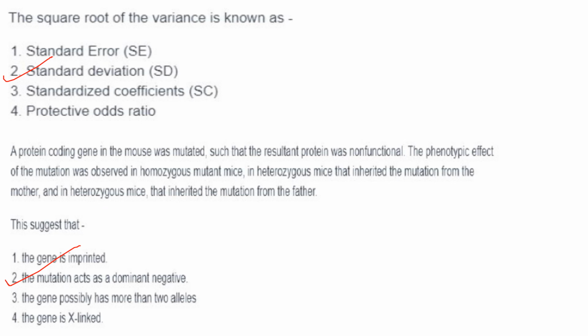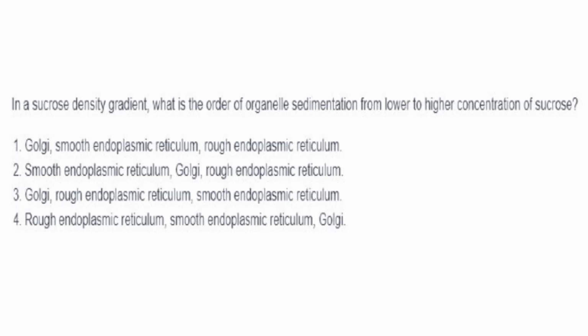But that is not the case here, so it is dominant negative. Then in a sucrose density gradient, what is the order of organelle sedimentation from lower to higher concentration of sucrose? So it is Golgi, then smooth endoplasmic reticulum, and then finally rough endoplasmic reticulum, because rough endoplasmic reticulum harbors ribosomes.